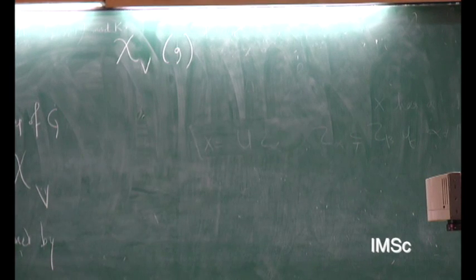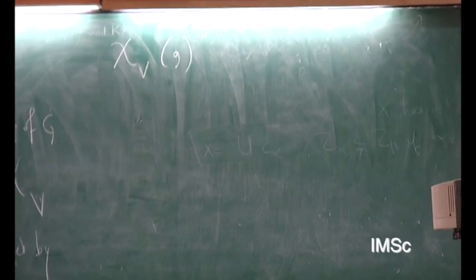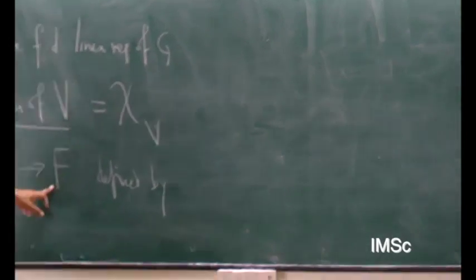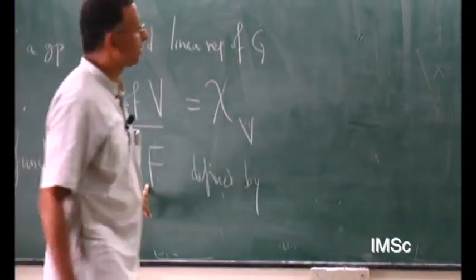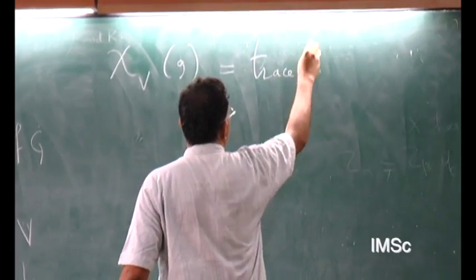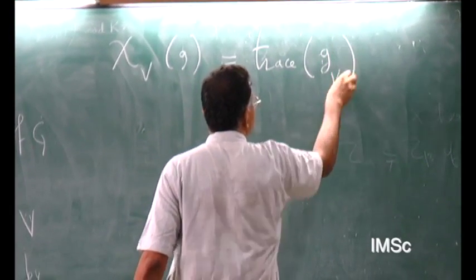It's a function from G to F, so it eats an element of G and gives out an element of F. So what is this? This is the trace of G sub V.